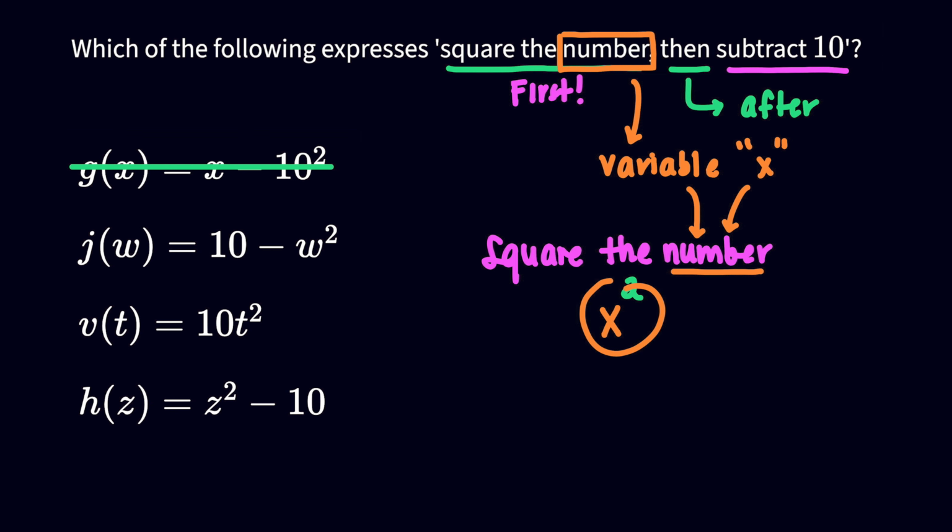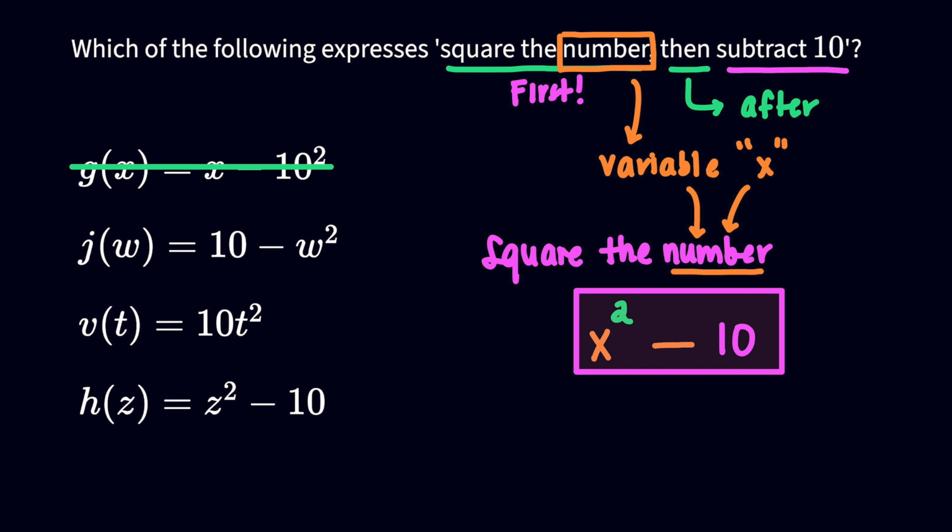So x squared has to come first, and then we will subtract 10. So minus, and then let's just put a 10 here. And this is what our function should look like. We should see a variable squared and then minus 10.